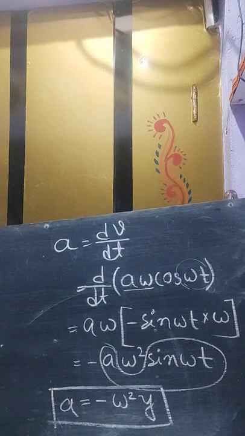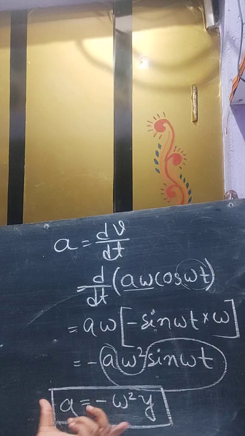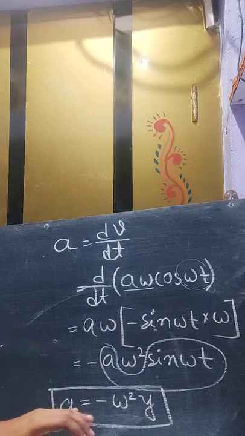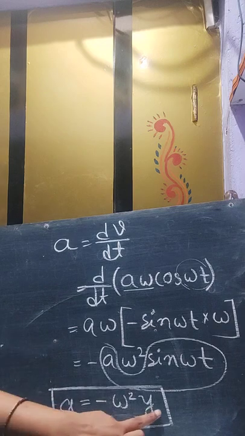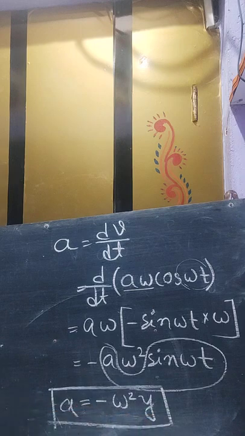So, this is the expression of the acceleration, and from this expression what can we conclude? We can conclude that the acceleration of the SHM is opposite to the displacement, in the opposite direction. Why opposite? As there is the negative sign.